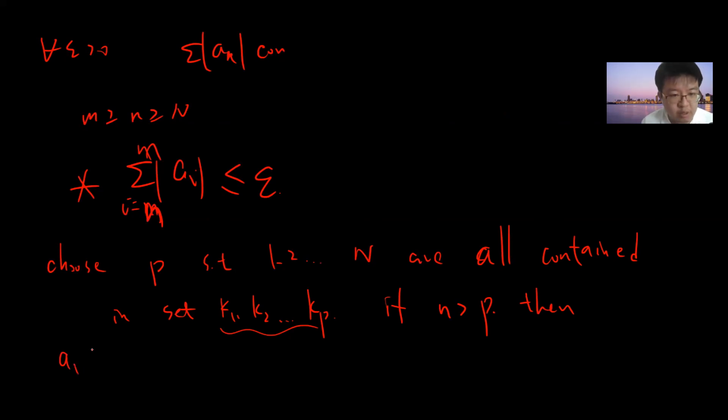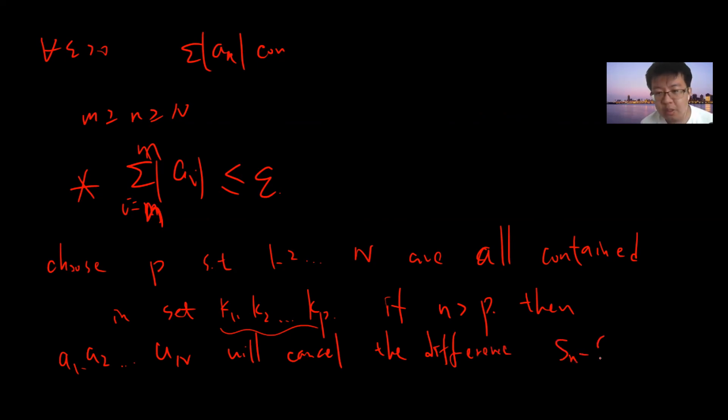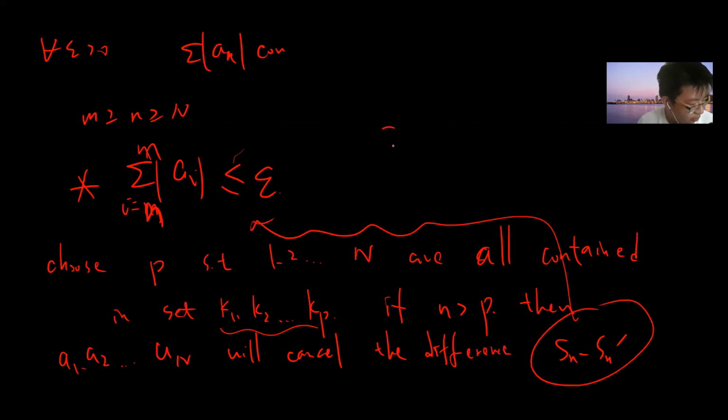then a1, a2, up to aN will cancel in the difference Sn minus Sn prime. So which just tells you that Sn minus Sn prime is less than or equal to epsilon.